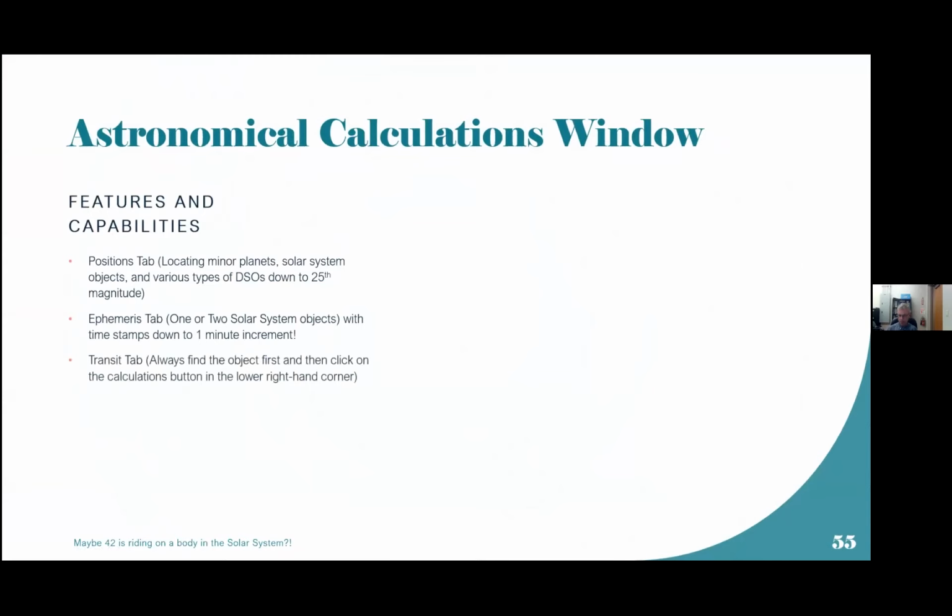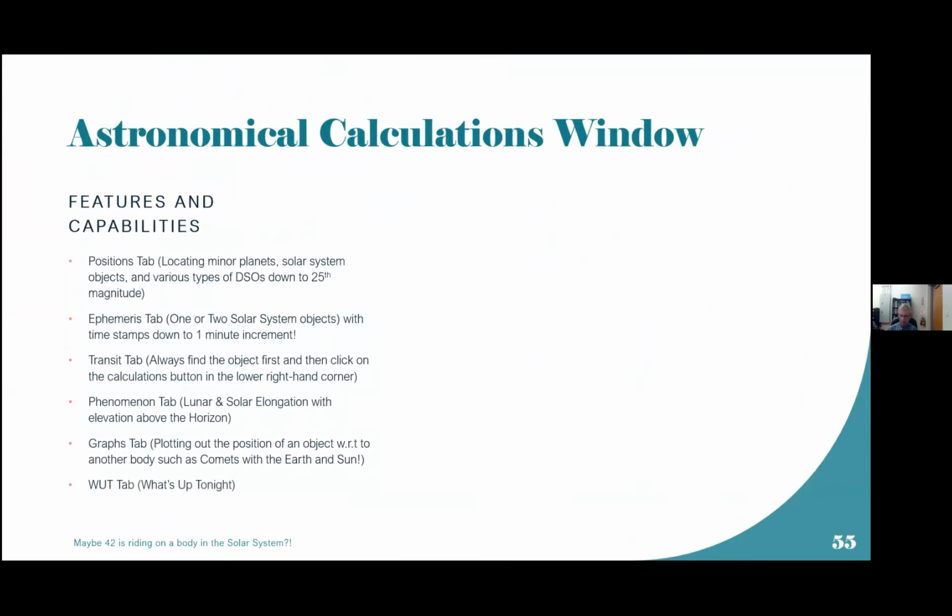There's the transit tab with one object with respect to another. The phenomena tab dealing with the position of objects with respect to their elongation from the sun and the moon and the elevation above the horizon. There's a graphs tab, particularly for plotting comets. And I don't know if you're familiar with What's Up Doc with Aaron Clevenson with his Excel file, where they've got What's Up Tonight with the What tab, and then there's the Planetary Calculator.